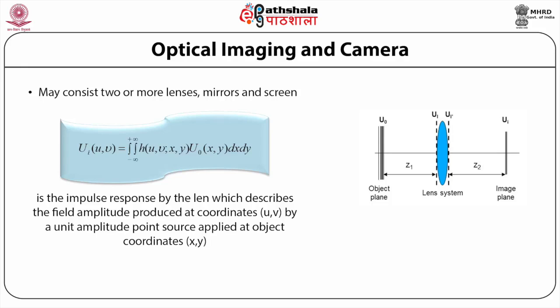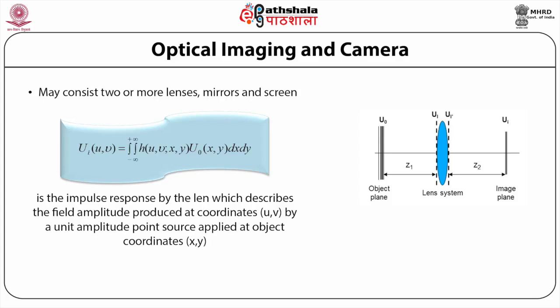can be written as shown here. Capital UI, which is the pattern that is created by the lens in the image plane, a function of variables u and v from the center of the plane, is proportional to a function called the impulse response of the lens, that is h, which depends on the variables in the image plane u, v and the variables in the object plane x, y, times an operator u0 that is used to define the object in the object plane and is a function of coordinates x and y.